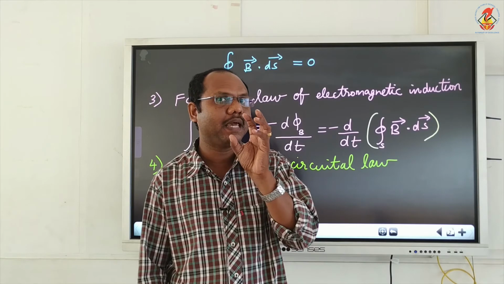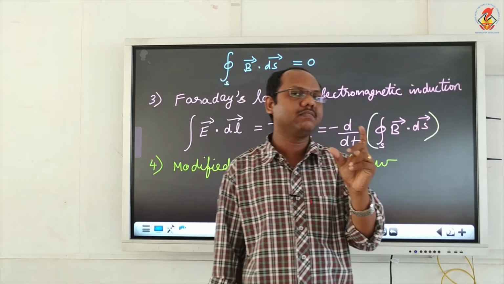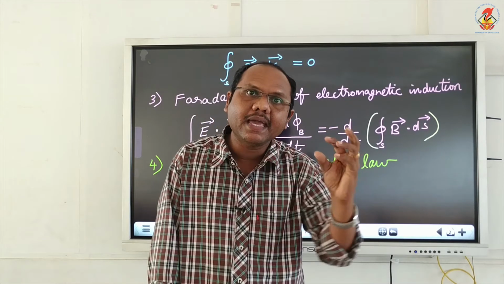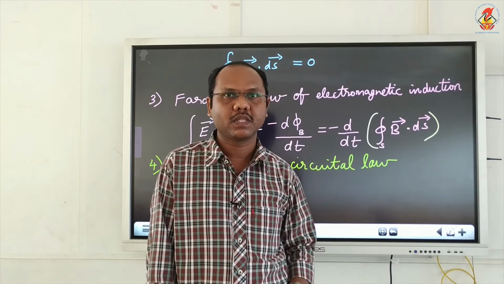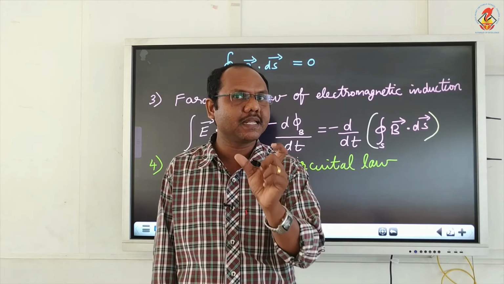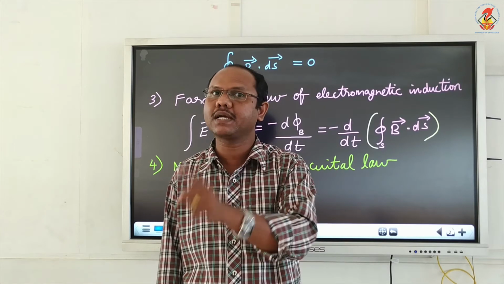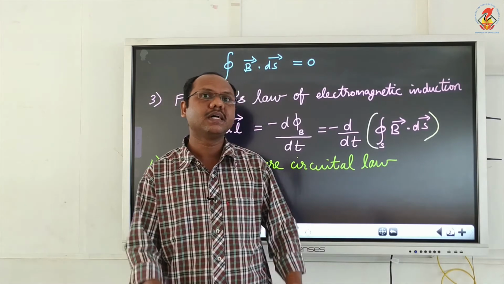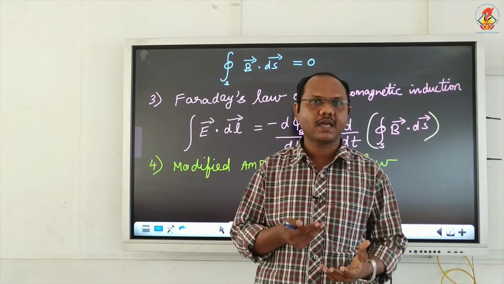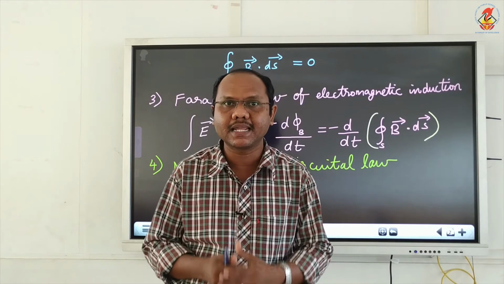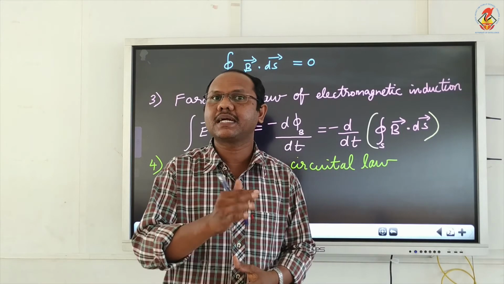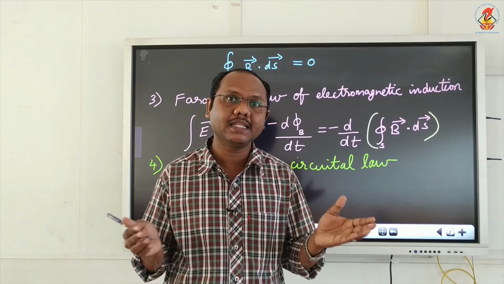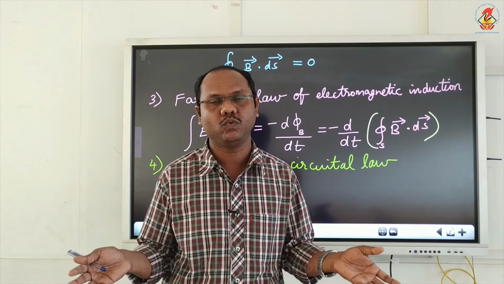In chapter 2 we studied that between the plates of the capacitor there is only variation in the electric field, because inside the capacitor it is dielectric. Dielectric will not conduct because dielectric is an insulator. There is polarization happening inside the dielectric, due to which electrical effects are transmitted. That is what we have studied in the capacitor chapter 2.